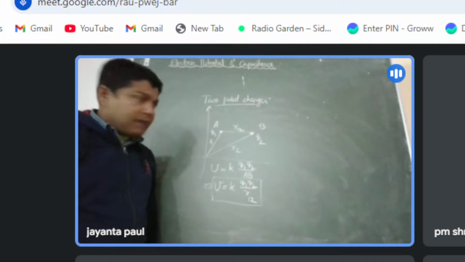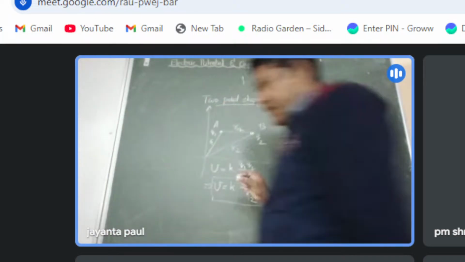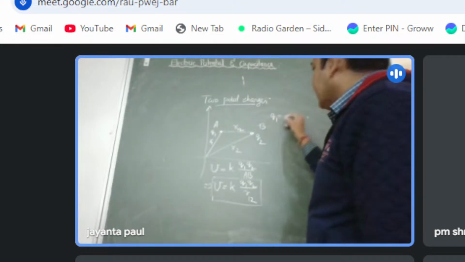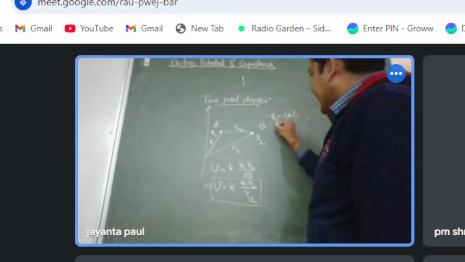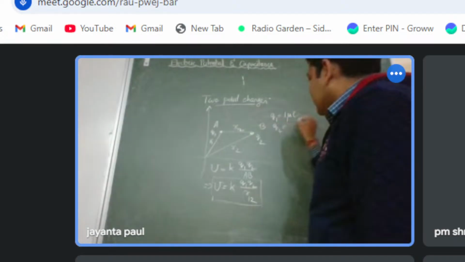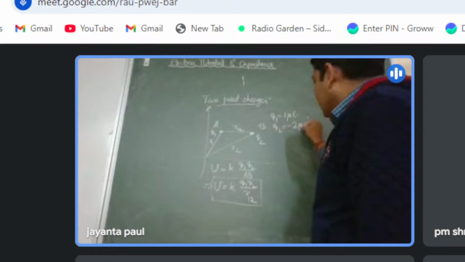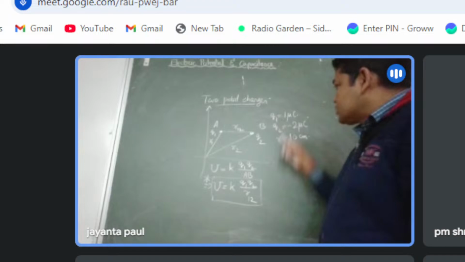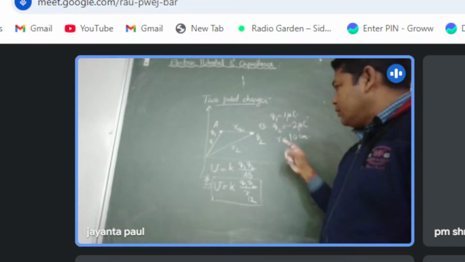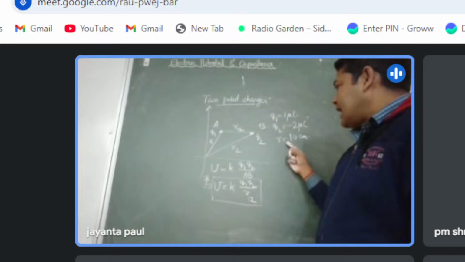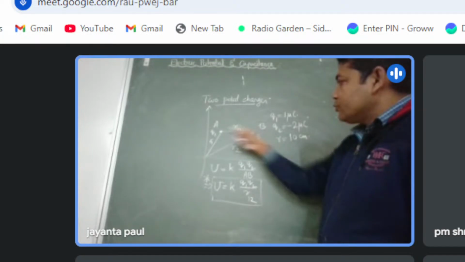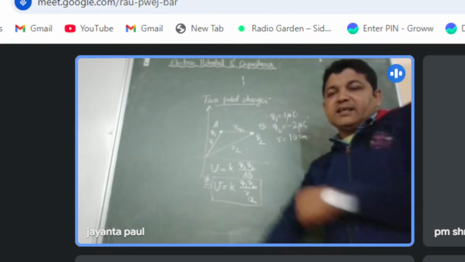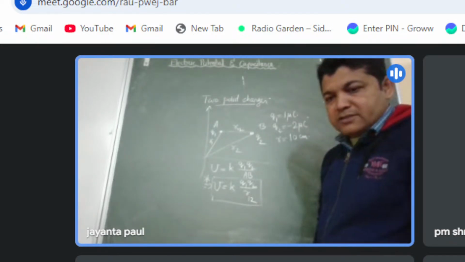So in this you can do a numerical. Suppose a question comes: 2 charges, one is 1 microcoulomb, another charge is minus 2 microcoulomb, and they are separated by a distance r which is 10 centimetre. If the distance between the two is 10 centimetre, how much potential energy is involved in this system? You can solve this one.